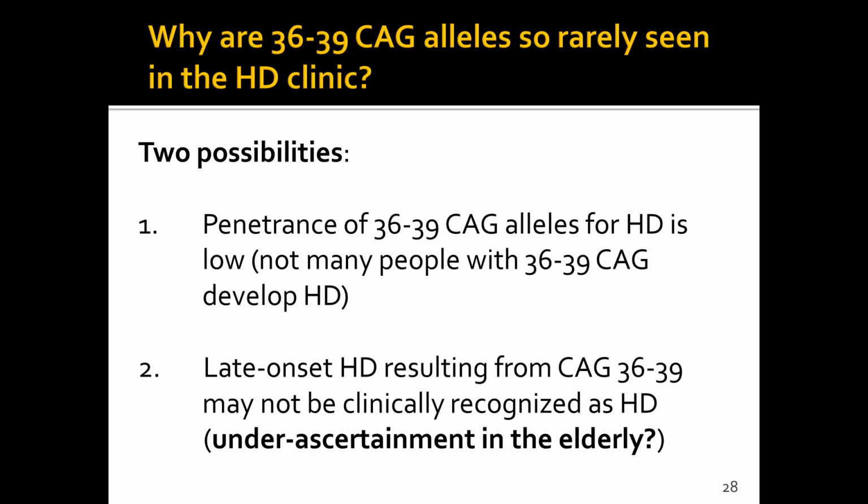So my personal thought, and I'm going off the script a little bit for a moment, is that we're going to come at this from a different direction. It's not going to be that we size people who are elderly and have suggestive phenotypes or symptoms. I think it's more likely that we're going to size everyone in a given population and end up finding some people who have associations with those repeats.